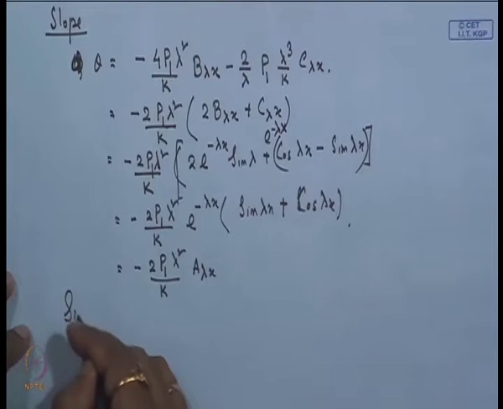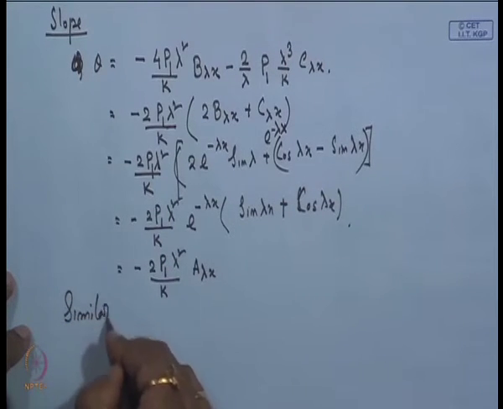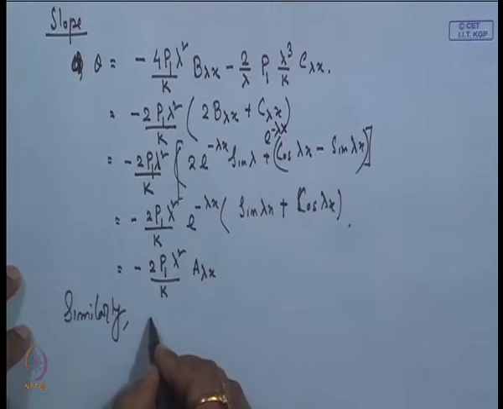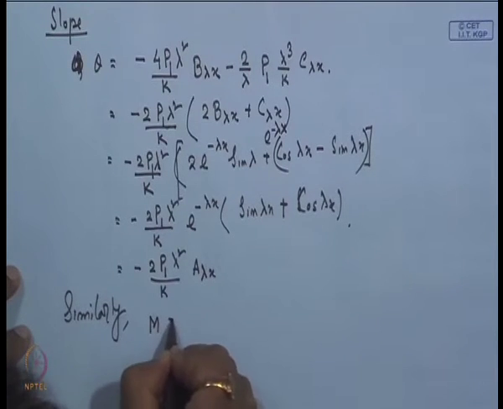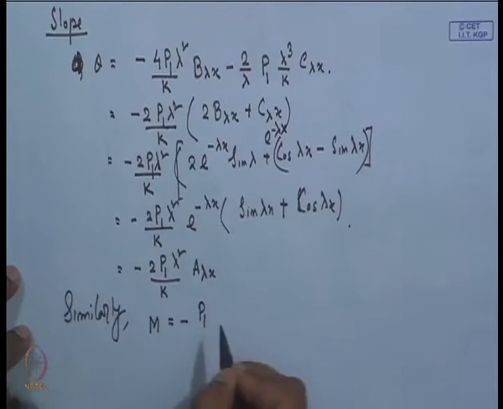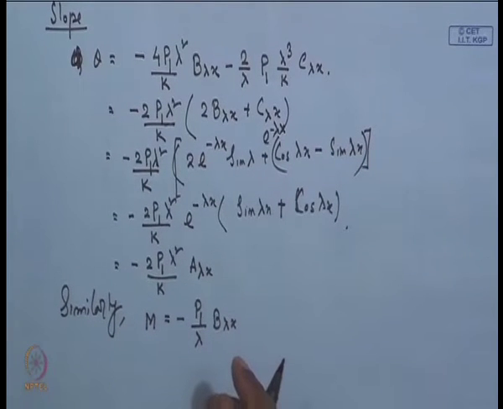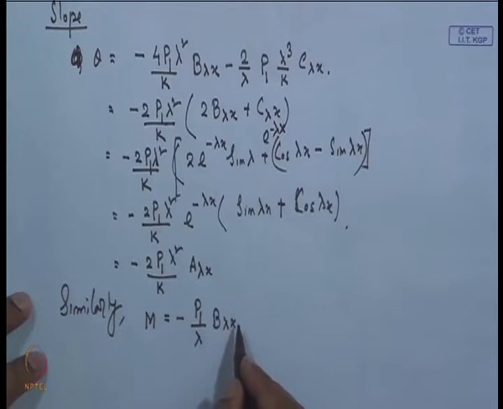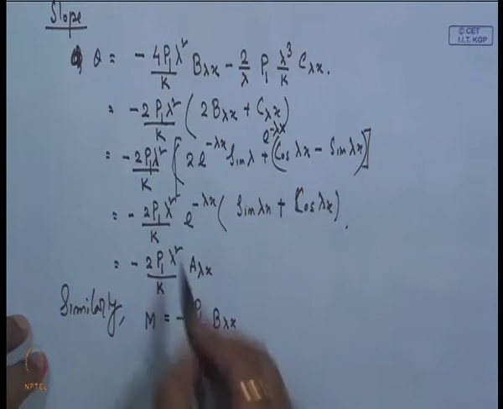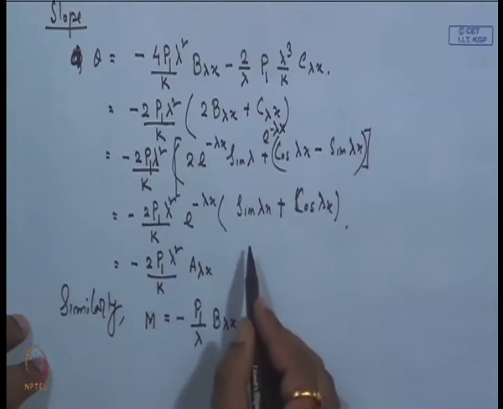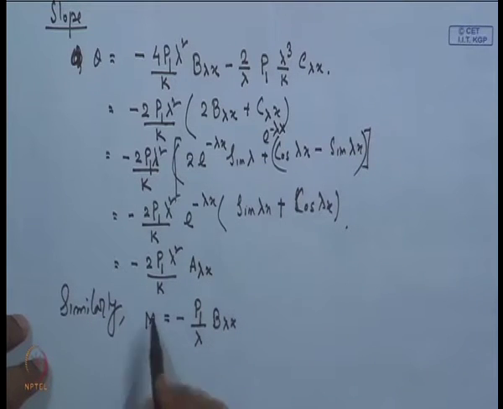So, this is the expression of the slope. Similarly, we can derive the expression of M, that will be minus P 1 by lambda B lambda x. If I add the effect of the two cases, concentrated load and concentrated moment, and simplify the expression like the deflection and the slope, then we will get the final expression of the moment in this form.